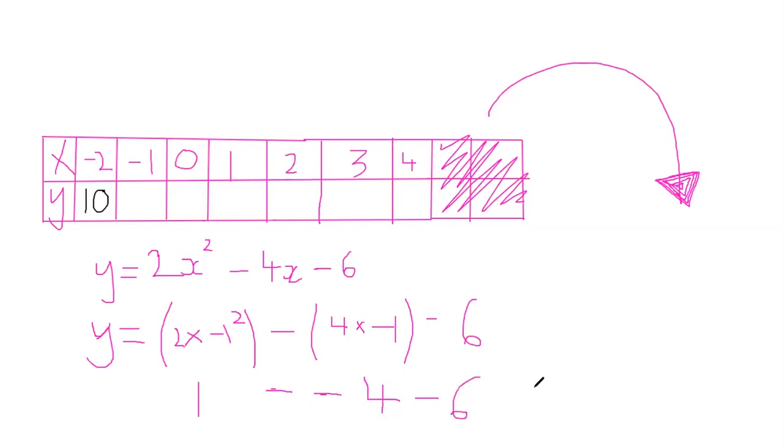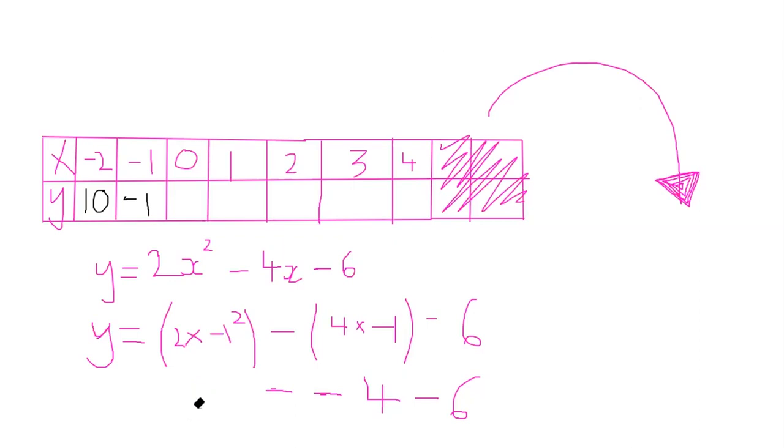Yeah. What did you get for that one? 2 times minus 2, or is it 2 times minus 1? What'd you get in there? Minus 1. Negative 1, because 2 times 1 is 2. Negative 2 squared is 4.